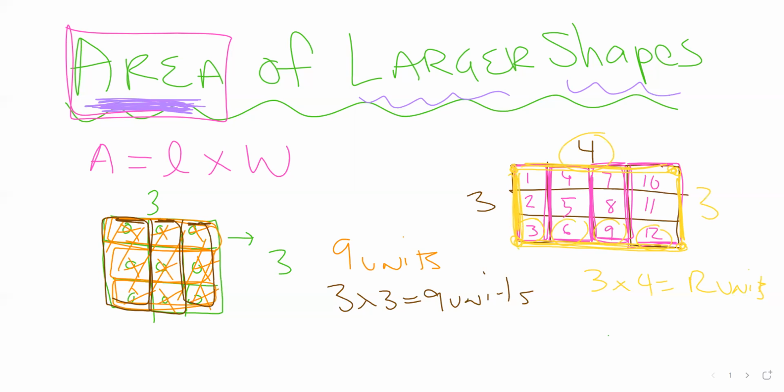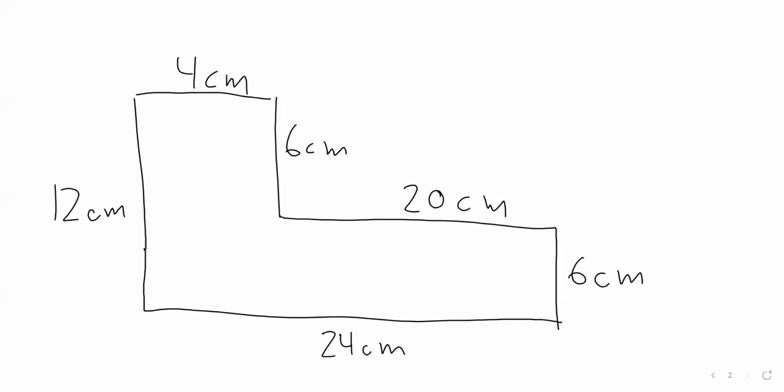But not always the case, right? Because if I look at this right here, I actually don't have perfect rows and columns because this part only goes from here to here, but down here, it goes from here to here. So this distance between points isn't a perfect same amount of columns. In fact, over here, I only have 4 columns, but across this whole bottom, I actually have 24 columns.